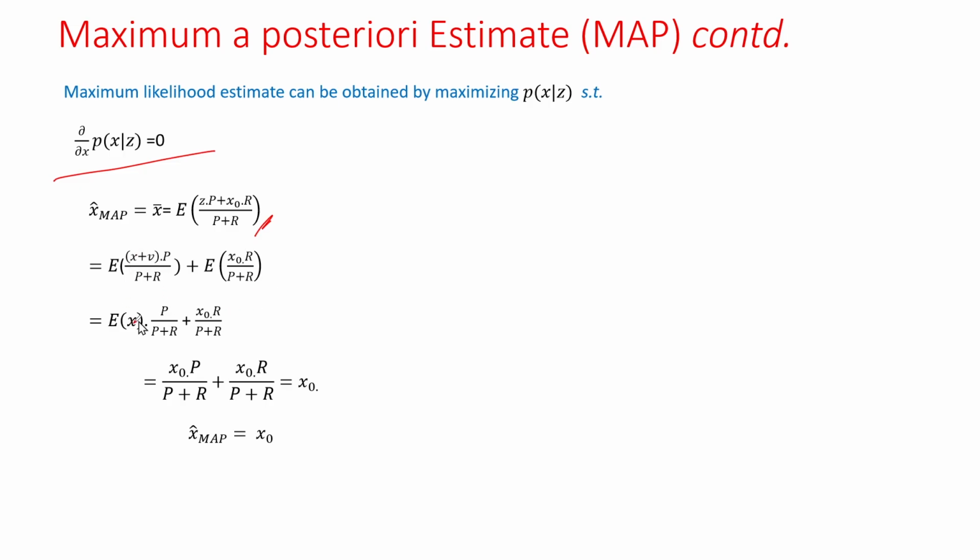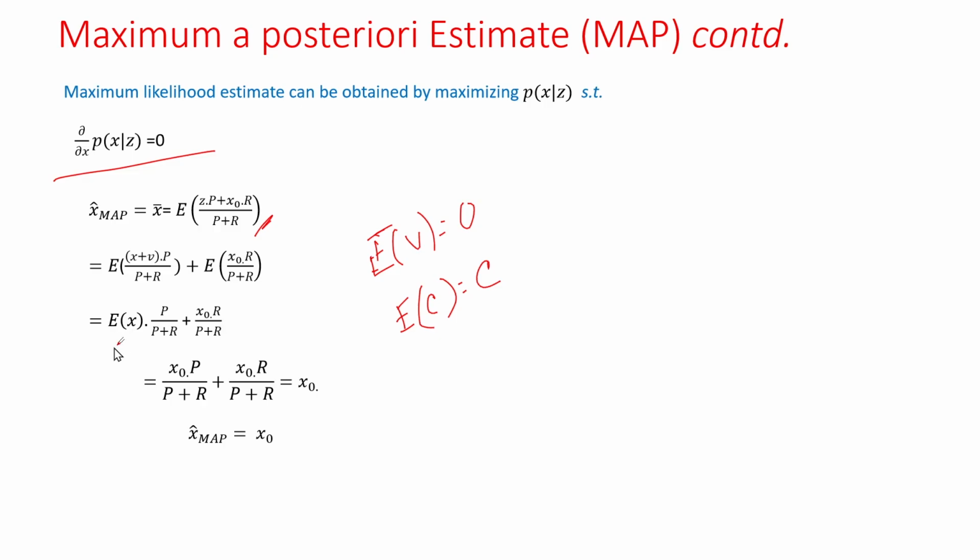Now, expectation of x is one thing, the x mean, plus the constant term comes out, and expectation of v is 0. And this part is totally constant. So, expectation of any constant is the constant itself. That is what I have written here.